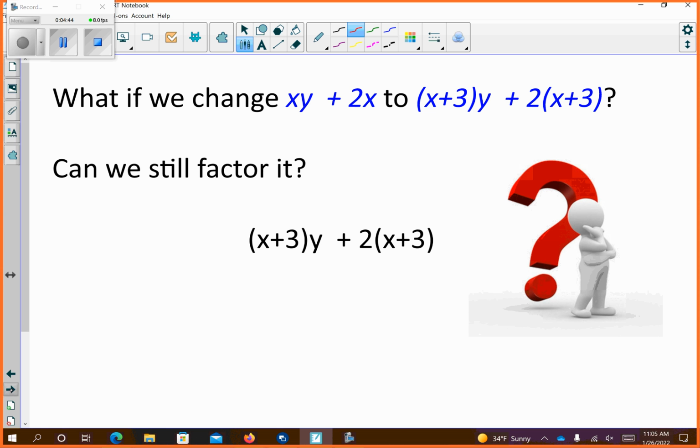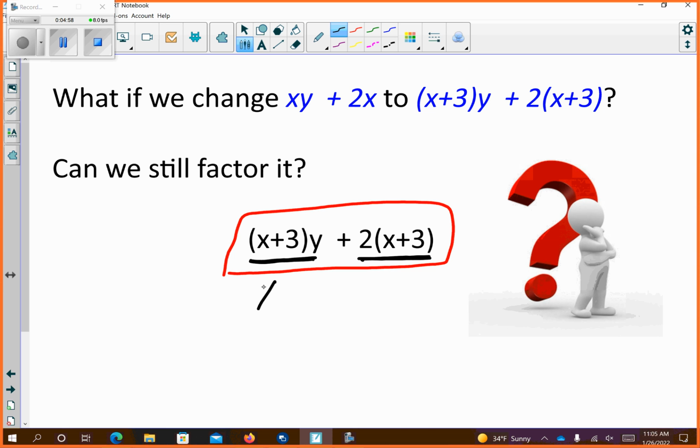All right. So let's take a look at this. We have two terms. This is a term, and this is a term. Does that make sense so far? What does it appear we have in common between the two? Yeah, x plus 3.